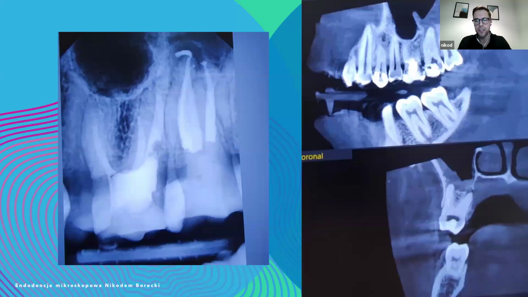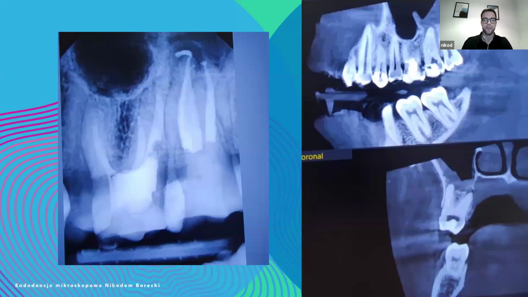We got a second molar, the roots are penetrated into the sinus. So at the beginning, it's better to direct such cases to another doctor with more experience. So I used bioceramic here because I know that the sealer can enter the sinus. So when it's bioceramic, we don't need to worry.